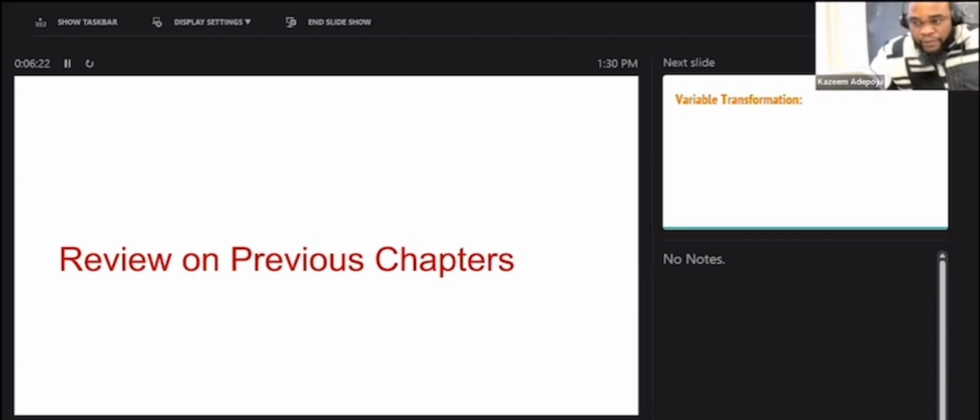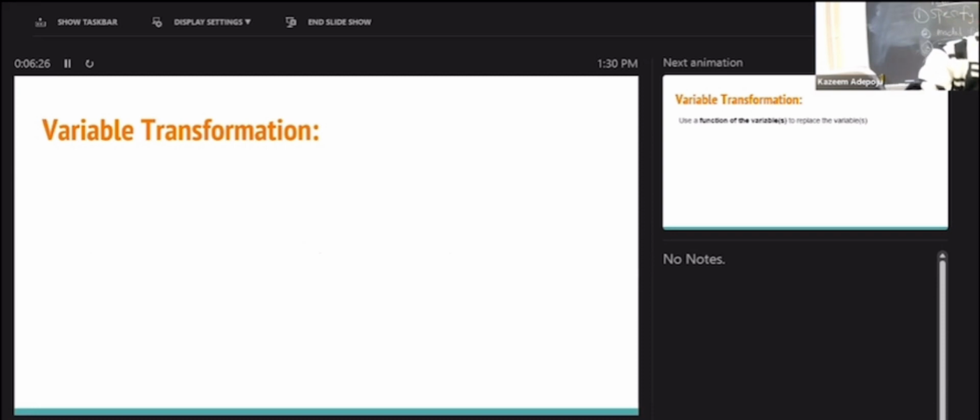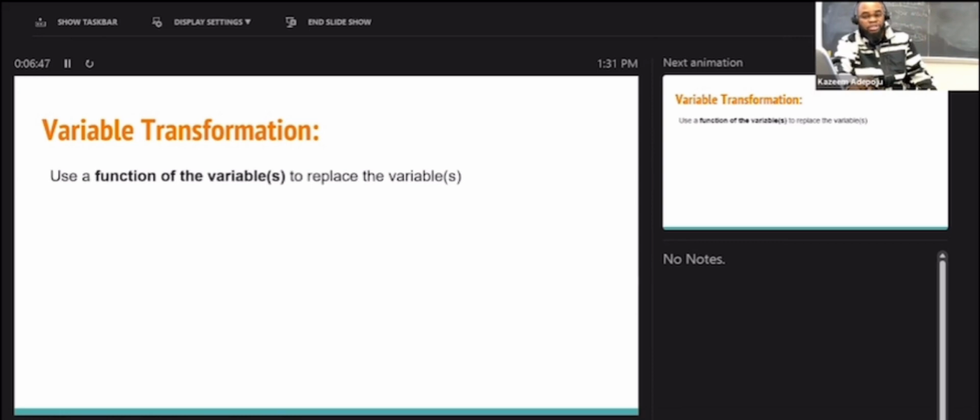We want to fix the problem, and that is what we call transformation. The reason there's a violation in the first place is that some variables are not in good statistical standing. That's why, if we want to transform a model, we are actually transforming variables in the model, and that's why I call it variable transformation.